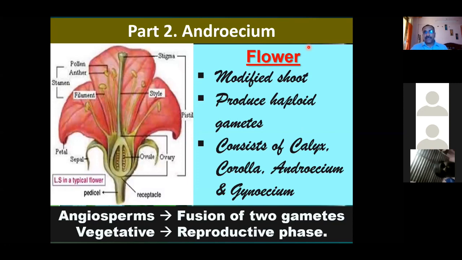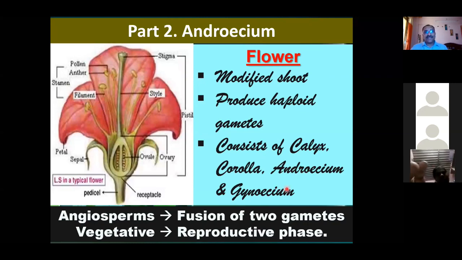Because in sexual reproduction, 2 different types of gametes have to be produced, and these gametes are produced by the specialized sex organs, that is, the androecium and gynoecium. So these 2 are the essential whorls, and they are most important.